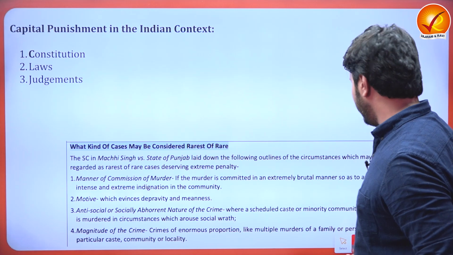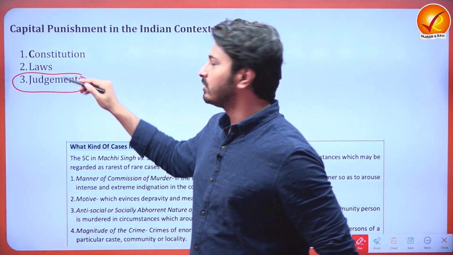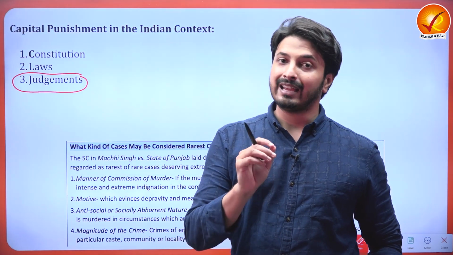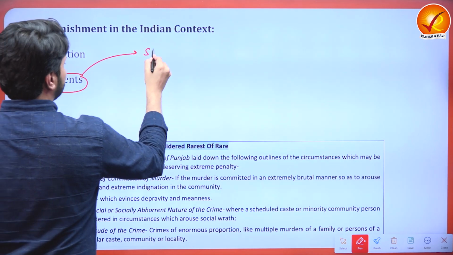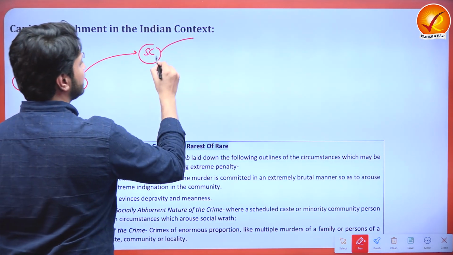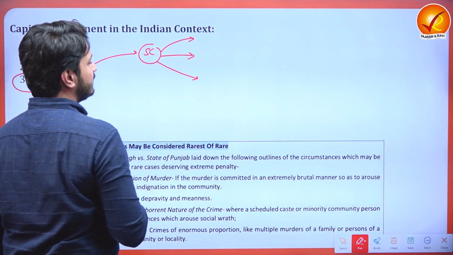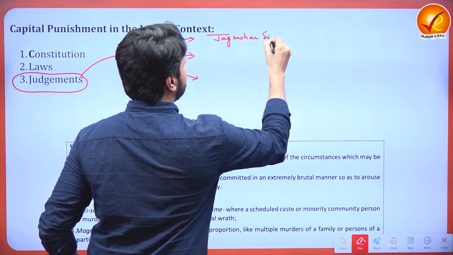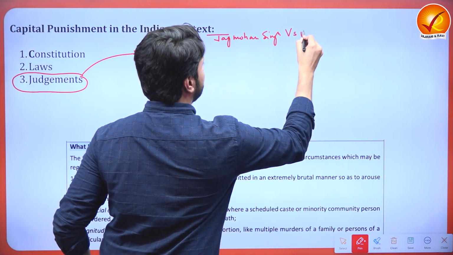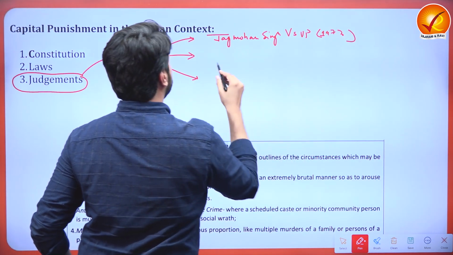Now we need to understand what opinion the Indian judiciary holds with respect to capital punishment. As the Supreme Court has noted in various judgments, the first judgment is Jagmohan Singh versus UP, in the year 1973.